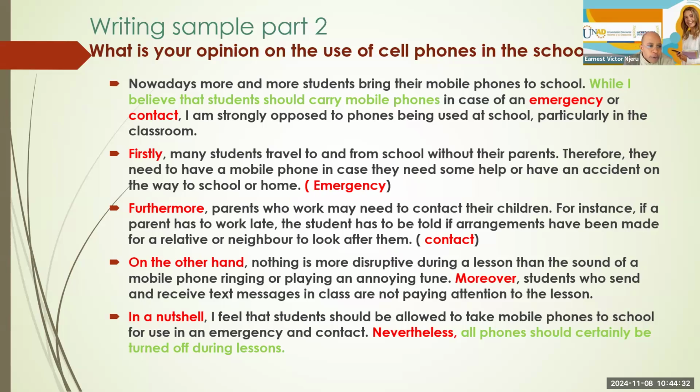In my first paragraph, I've written my point of view and my 2 arguments, that's emergency and contact. Then the development of the second paragraph, then the counterposition, and in the last one, to conclude. When it comes to the conclusion of any opinion writing, it's very important to give your proposal. What are you proposing? Therefore, let me ask somebody else to read for us this short essay before we continue.